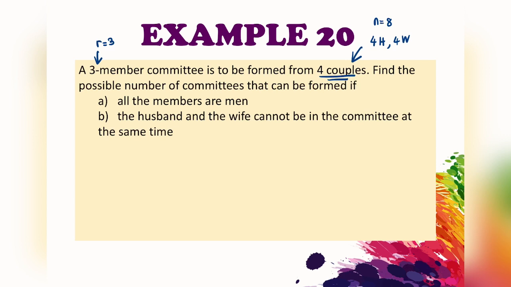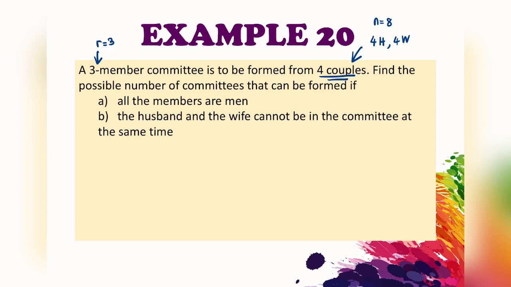Now find the possible number of committees that can be formed if all the members are men. So here we have 8 persons. We want to select 3 to be members of the committee. So for part A, the condition here is all members are men.